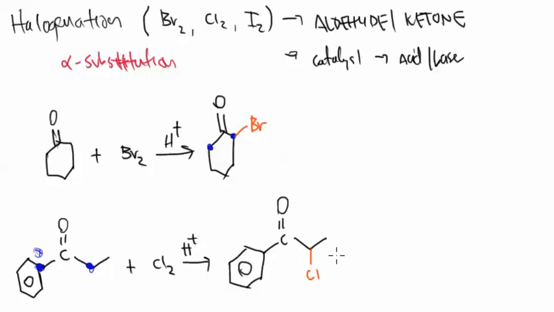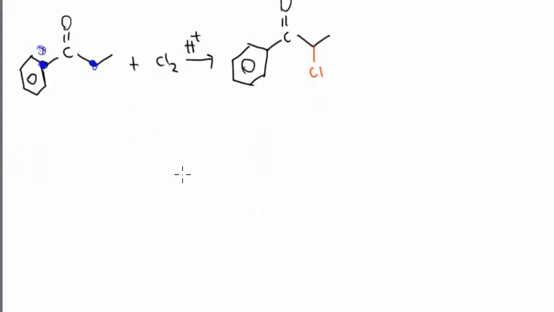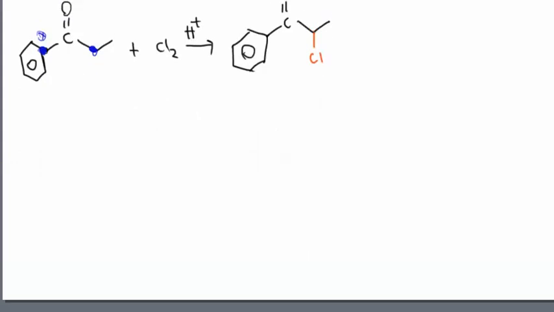Okay, how is that different than a base-catalyzed reaction? Let's scroll on down and do an example of a base. Let's say we have a carbon double bond O, and on this side a CH2CH3, and on this side a benzene ring.